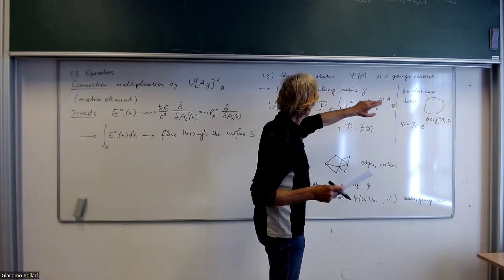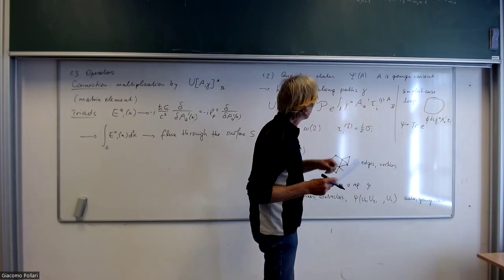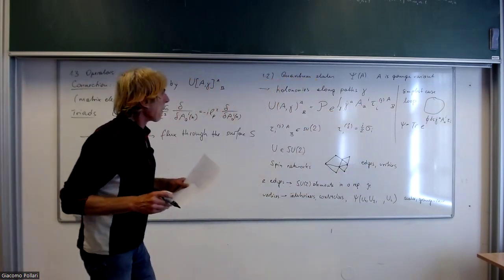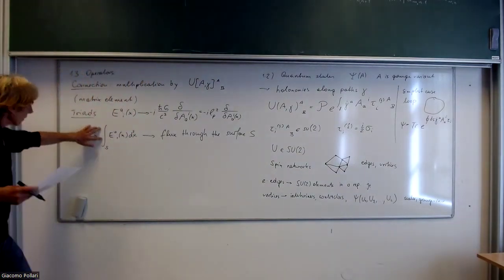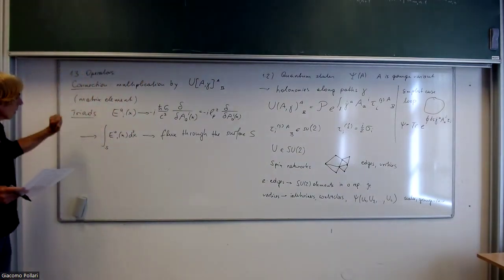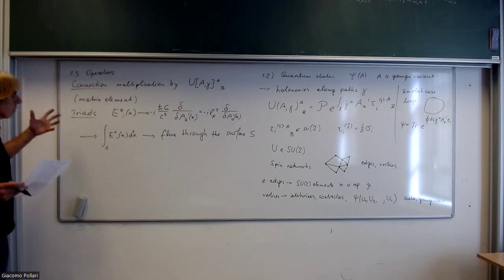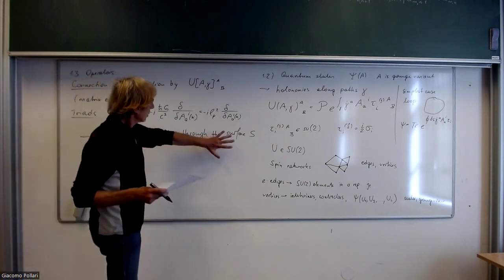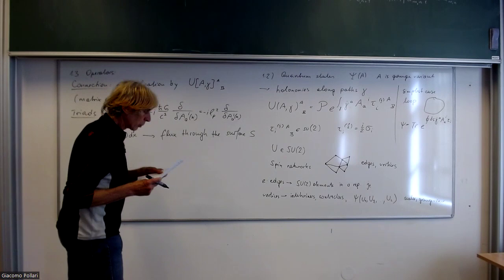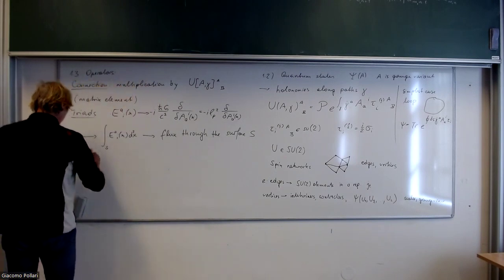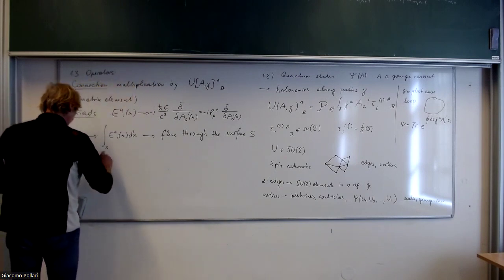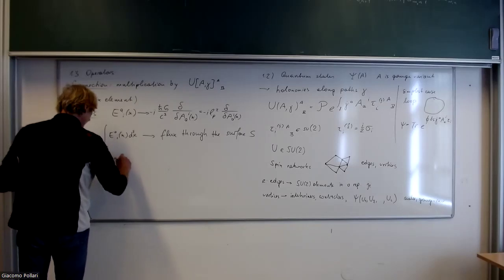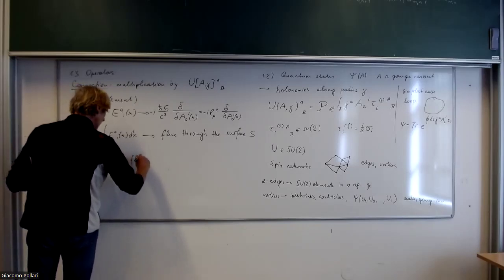Here I forgot to write some dx from the S parameter. And these vectors, we convert them, dualized, into two forms, which are integrated along surfaces. And what we get is the so-called holonomy flux algebra.